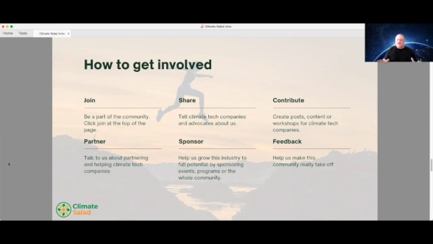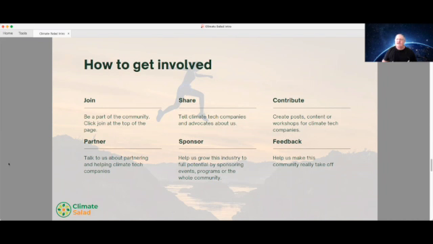And if you happen to work in a large corporate that is thinking about how to engage in more sustainable, well, let's call it, ensuring that they're doing things that have an impact from a sustainability perspective, maybe they'd like to be a ClimateSolid sponsor.